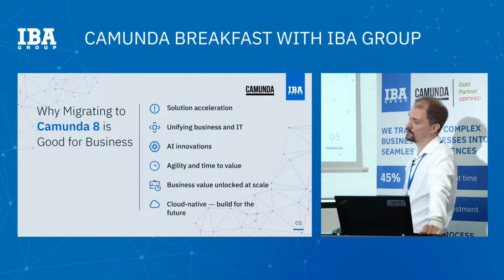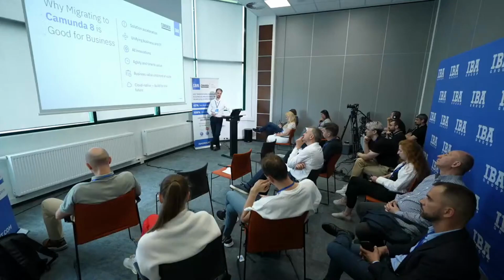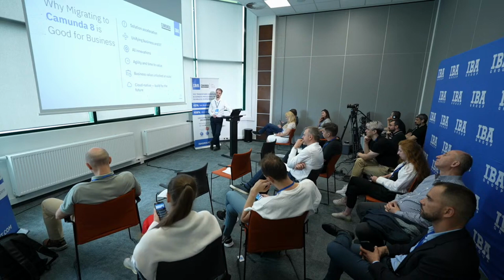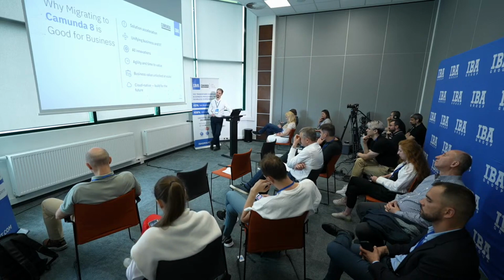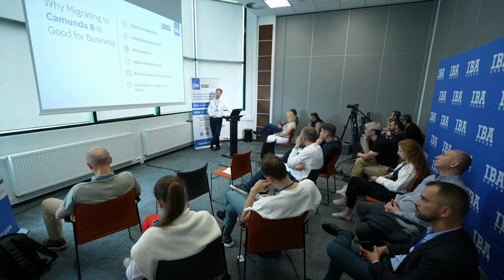Another interesting point is that Camunda 8 brings AI as a strategic line for itself. There are different scenarios for how we can incorporate AI into process orchestration. We can start with very simple scenarios, using connectors to AI tools available on the market, calling them via connectors and using, for example, ChatGPT or whatever.